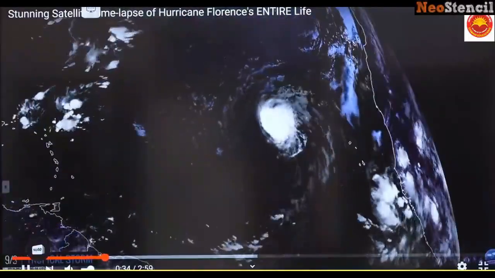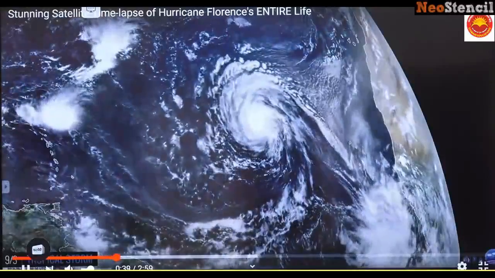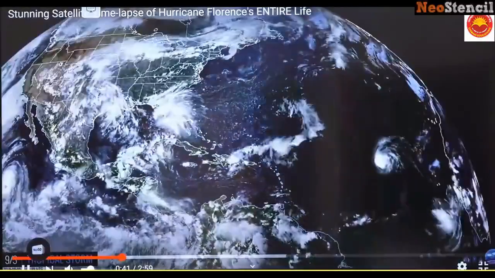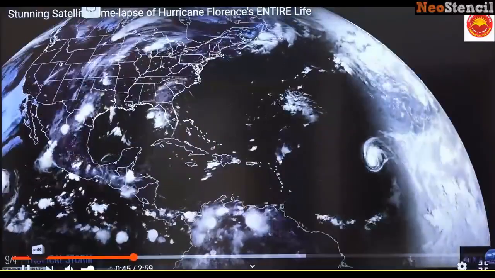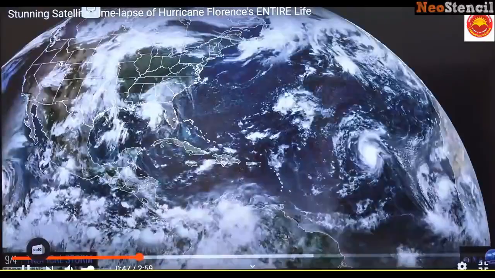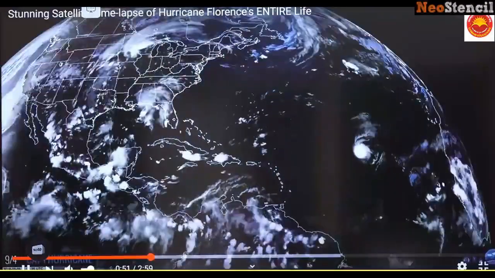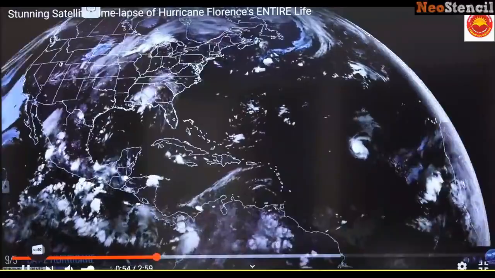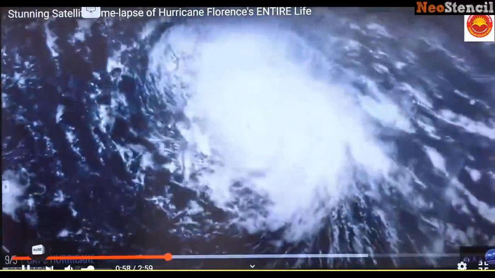This is a stunning satellite view of the hurricane. Look at the swirling clouds, and the satellite map is showing a number of cyclones which are produced in different oceans. Oh my God.